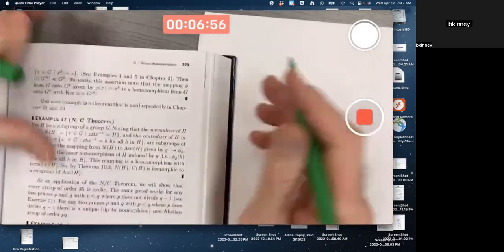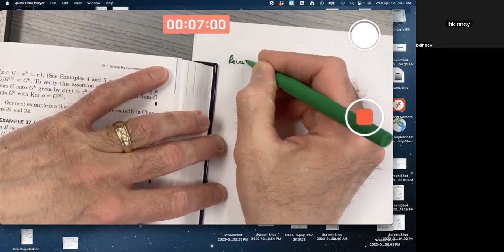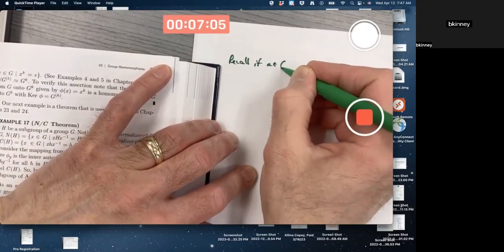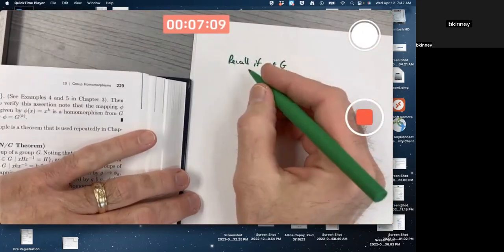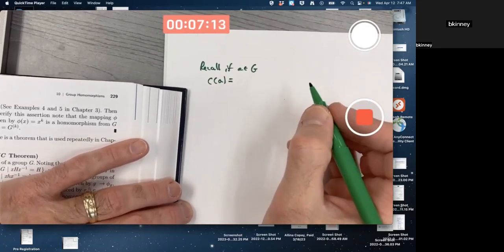Let's recall that. That's maybe the first thing I'll write down. Recall: if A is an element of G, the centralizer of A is not the center of G, right?